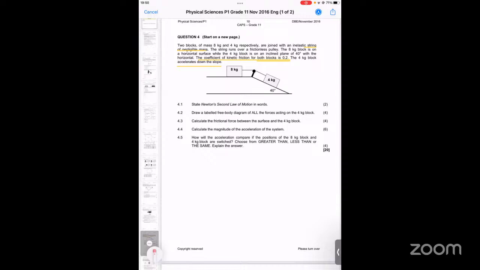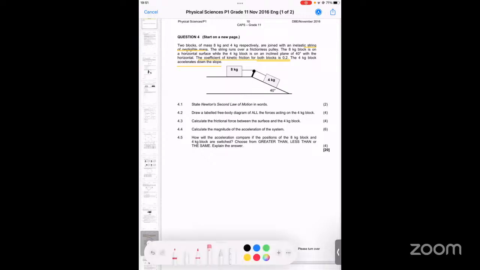I just noticed that we don't have a value for tension, and we could then simultaneously calculate for acceleration and tension. Did you say we could or we couldn't? We could, sir. Yes.